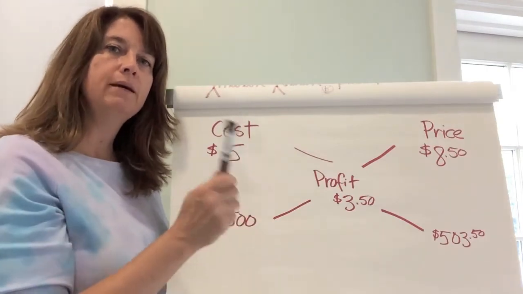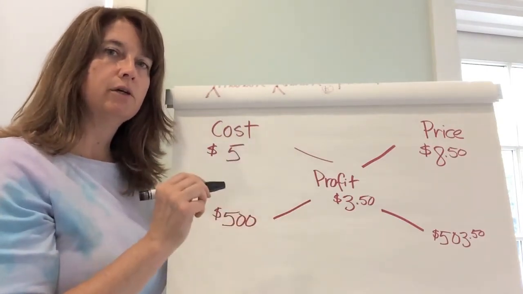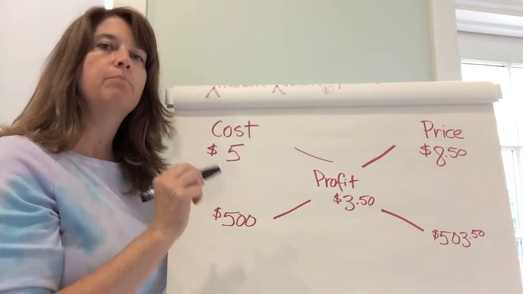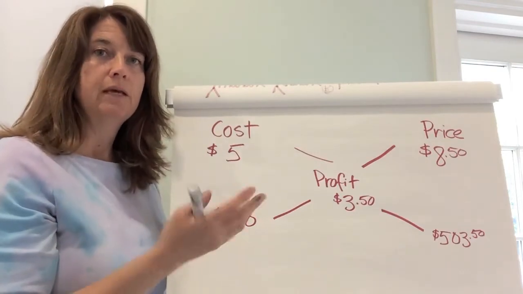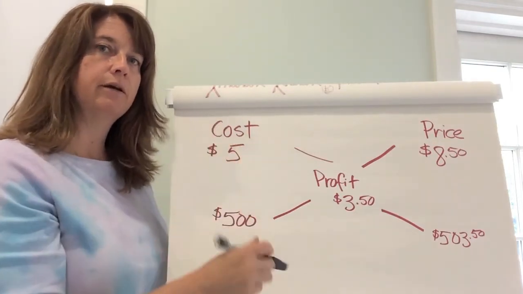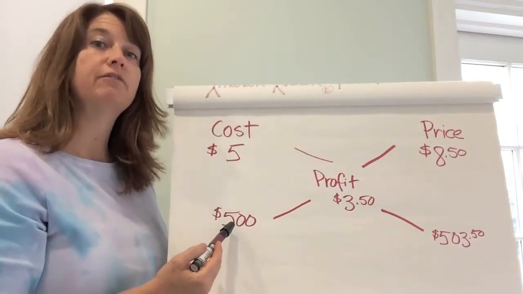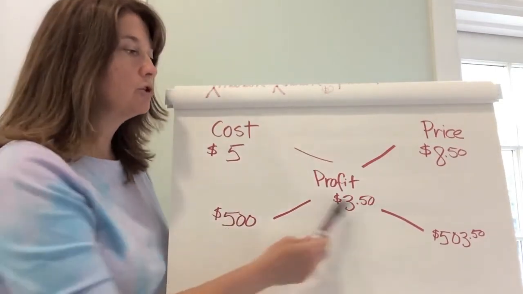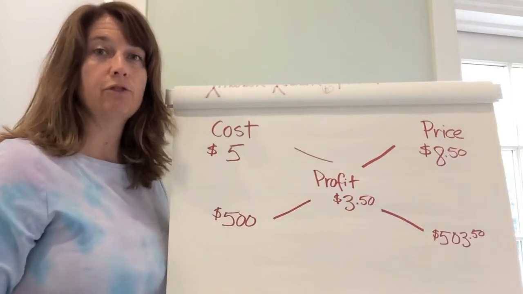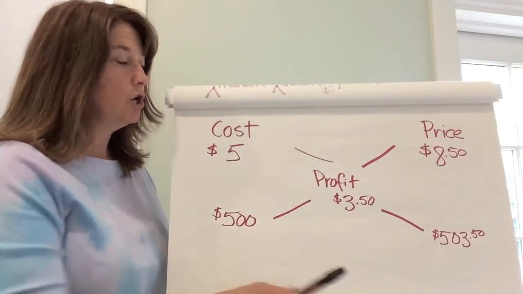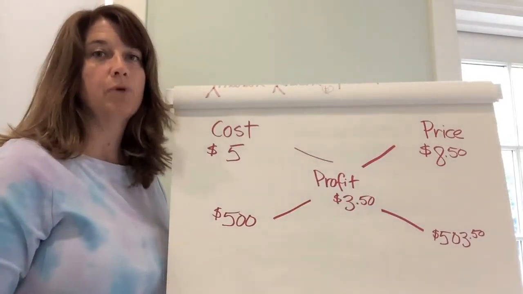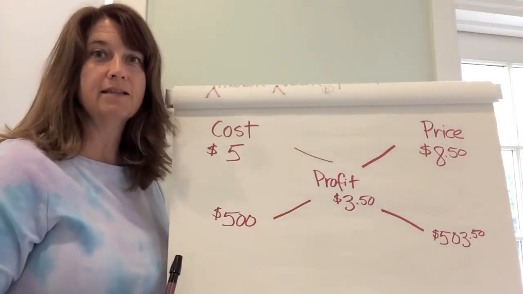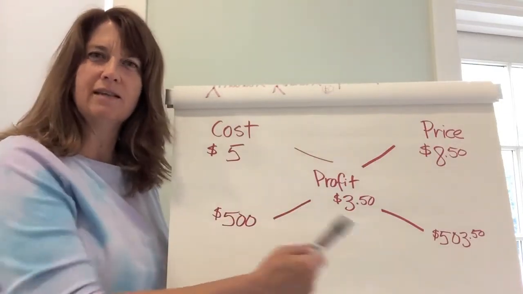But when you're running a business, you tend to look not just at dollars, but at percentages. Because imagine this scenario where you bought a product for $500 and at your store you sold it for $503.50, you would also be making a profit of $3.50. But is that a good scenario?